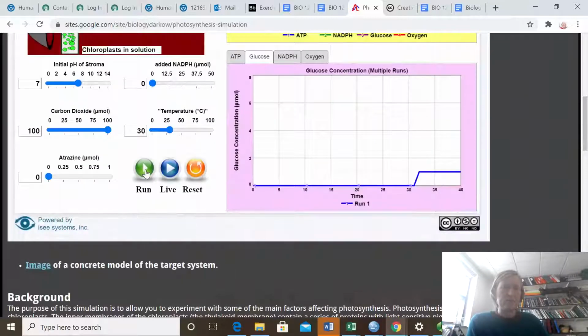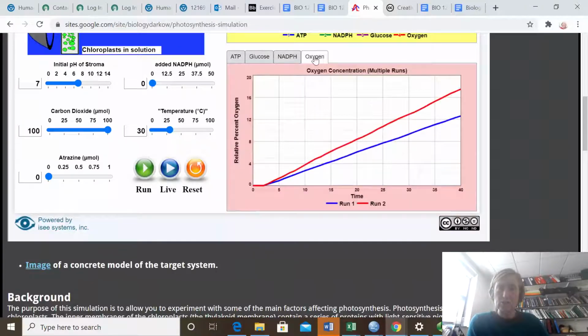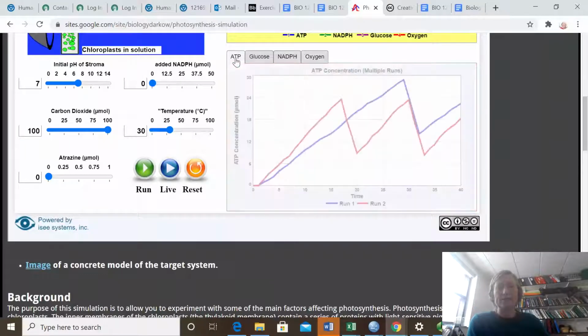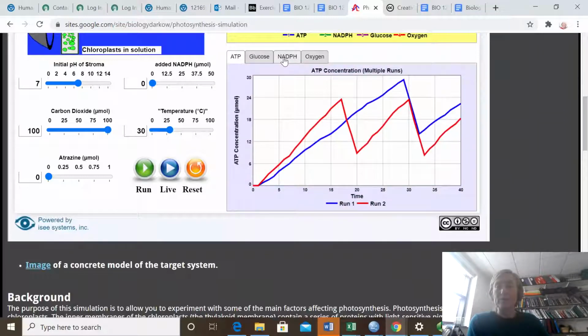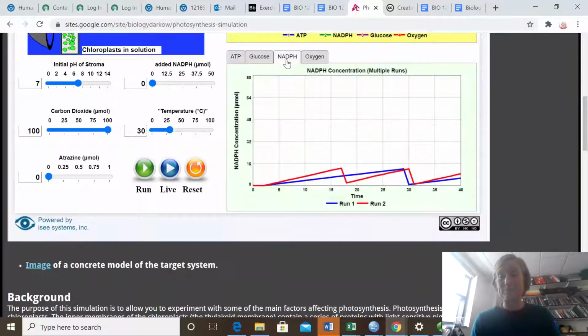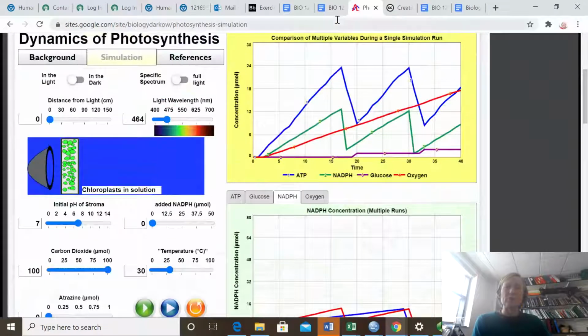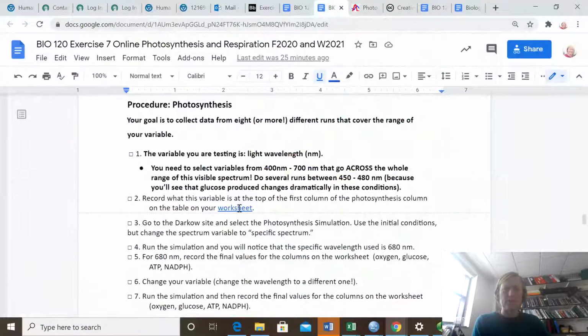And you click go. That's the red line this time, and I can see how much glucose is produced, how much oxygen is produced, how much ATP is made after 40 minutes, or NADPH, okay? And you're going to be recording all of this information on your worksheet.